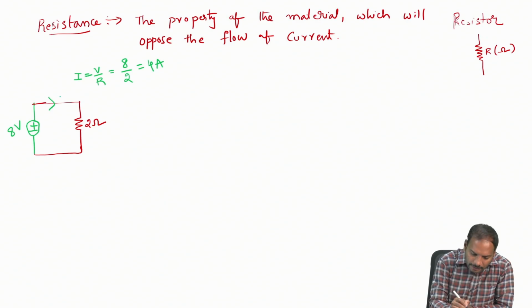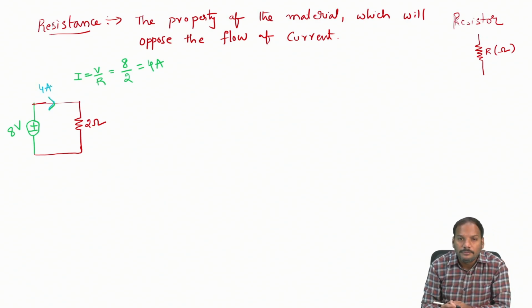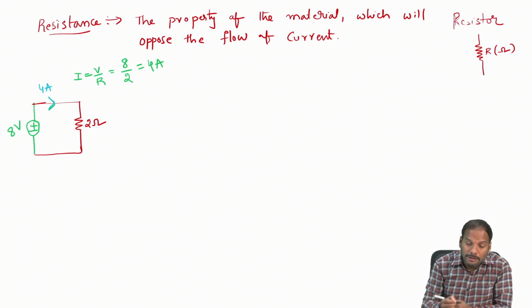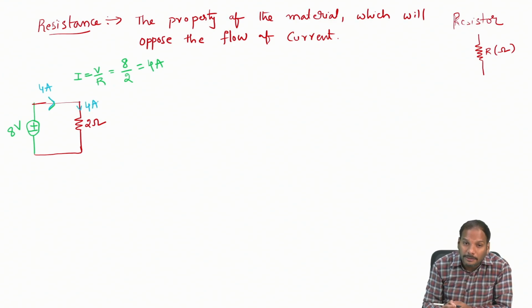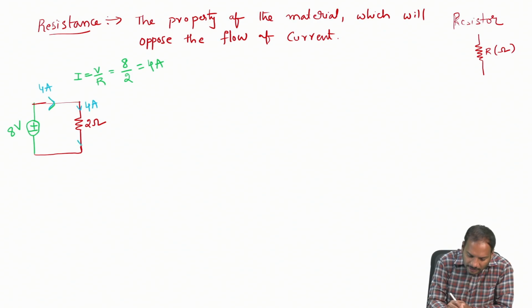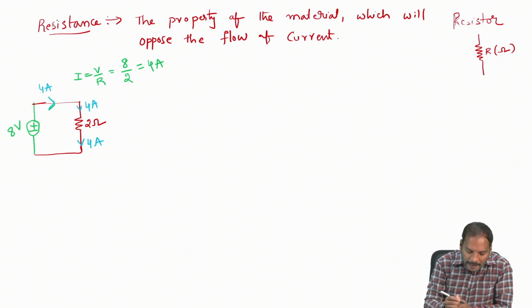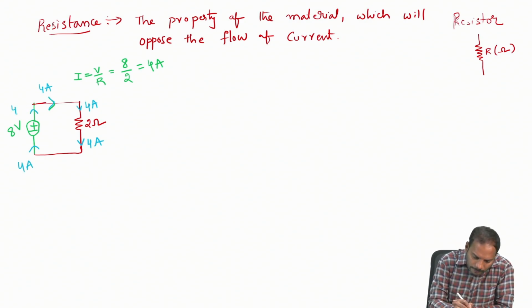The current entering the 2 ohms is 4 amperes. The current coming out of the resistor is 4 amperes. The current entering the negative terminal of the battery is 4 amperes. The current coming out of the battery is 4 amperes.